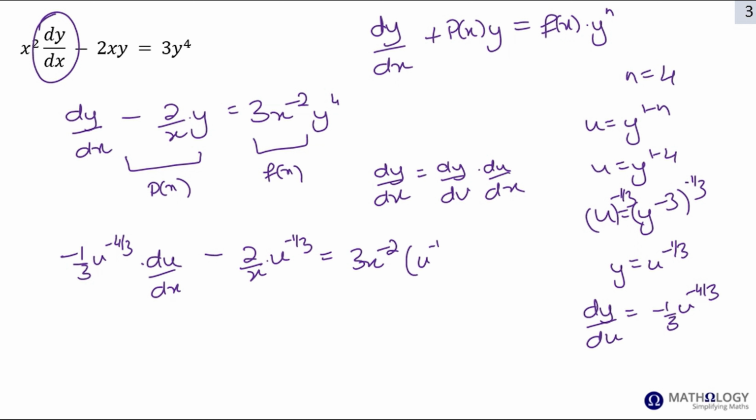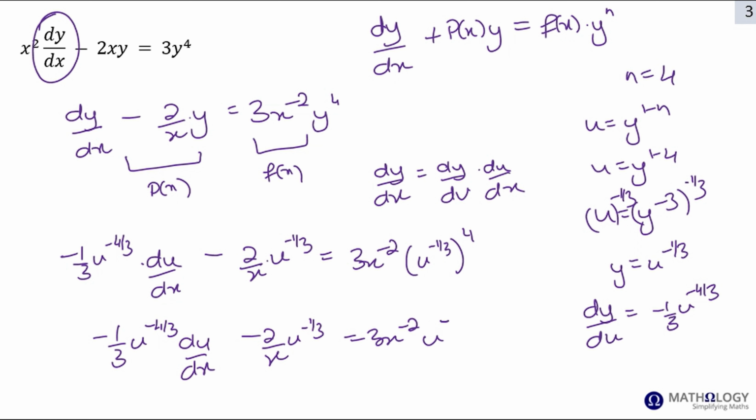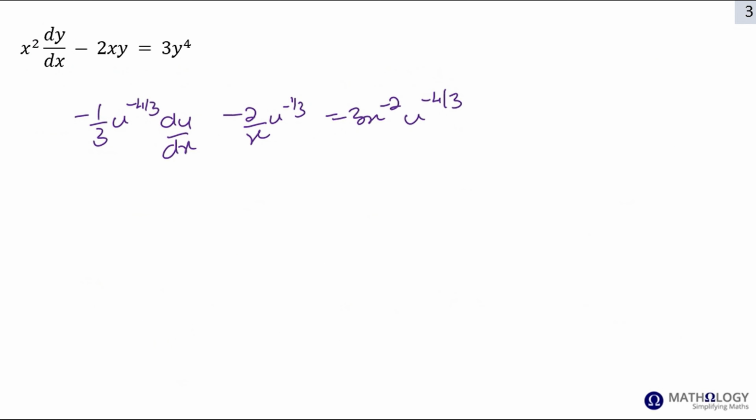Y is u to the minus a third. We raise that to the 4. Just to clean this up a bit. Now I'm going to divide through by u to the minus 4/3. So minus a third du/dx minus 2 over x times u equals 3x to the minus 2.